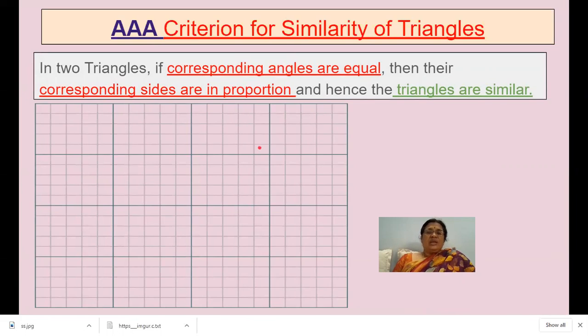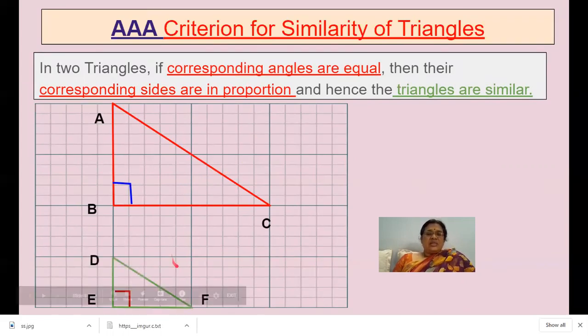I have taken a graph paper, or a grid paper. I have drawn one right angle triangle, and one more right angle triangle. ABC is a triangle, and DEF is also a triangle. Let us see the angles.